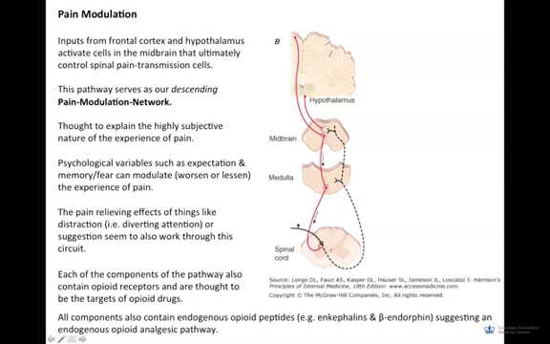And this suggests that this pathway may actually represent an endogenous opioid pain relieving or analgesic pathway. And so the question is, how do we stimulate or take advantage of this endogenous pain relieving pathway in order to ease people's pain? And there's a lot of theories behind that. So I'm going to end there, and we'll talk more about this in our live lecture.